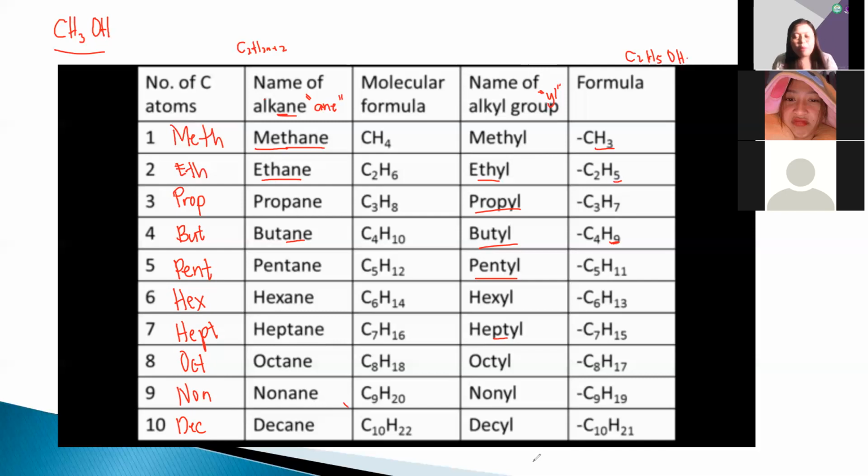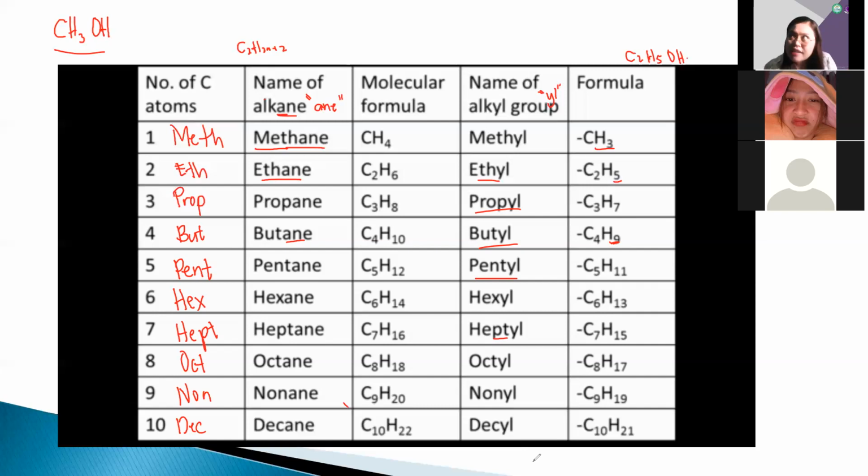Okay? So i-memorize niyo muna. Simple alkanes muna tayo, hanggang 10 carbons lang tayo. Kasi meron pa tayong a lot of alkanes na sobra 10 yung carbons. Hanggang 10 lang muna tayo. Isa-isa lang. So 1 to 10: meth, eth, prop, but, pent, hex, hept, oct, non, and dec.